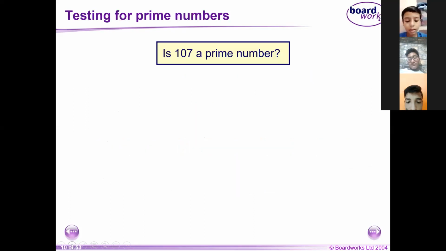Now the question is, is 107 a prime number? We have to check if it is a prime number or not. So how are we going to check it? Now look at this.